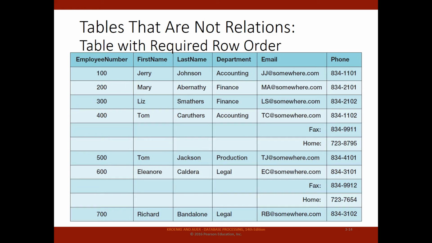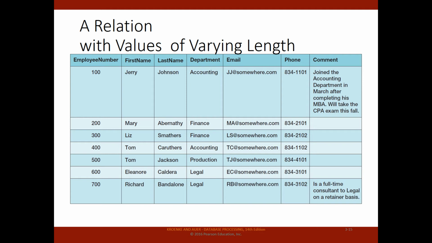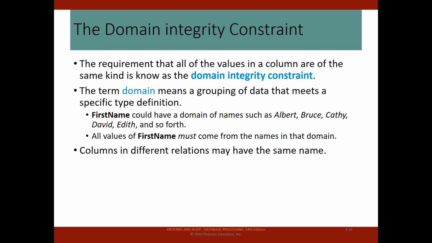This one also, there are some rows that don't have values. So it's not meeting the relation criteria. This one should be fine because comments can be optional. And also the length of the cell value should not be a problem. Some can be long, some can be short, it should not be a problem.